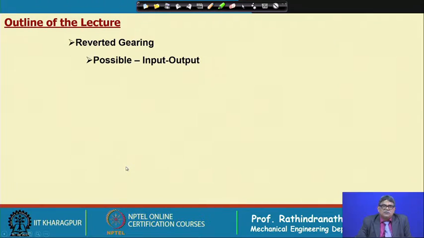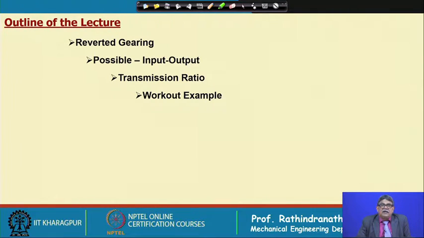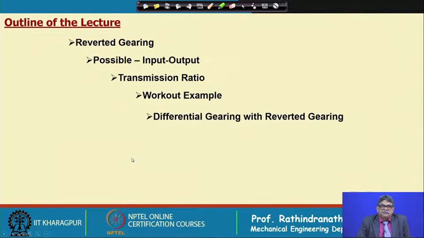In this lecture, first I shall discuss reverted gearing, then possible input and output in reverted gearing, then transmission ratio, next a worked-out example to estimate the transmission ratio of reverted gearing, as well as the possible direction of rotation.